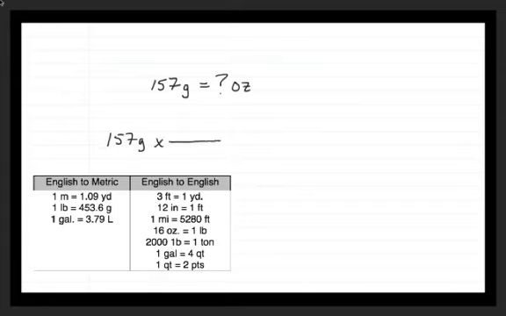So we begin by writing out 157 grams times blank with the unit of grams in the denominator. We find that we can convert to pounds, so we place pound on top and fill in the numbers, confirming that the unit of gram will cancel.